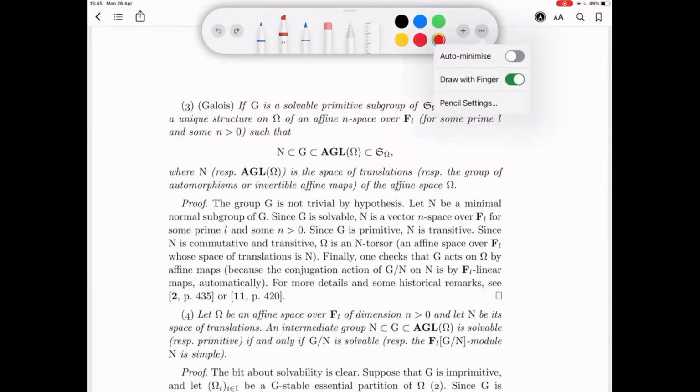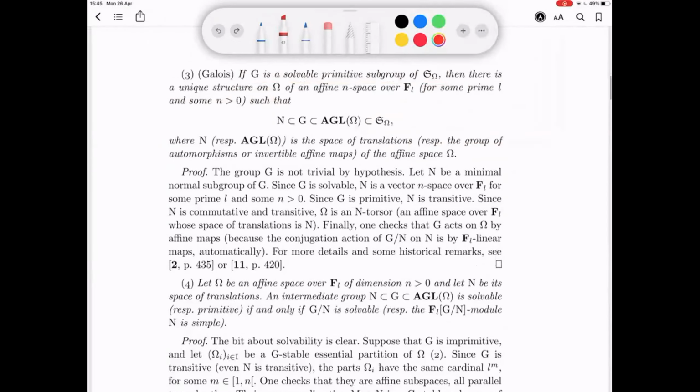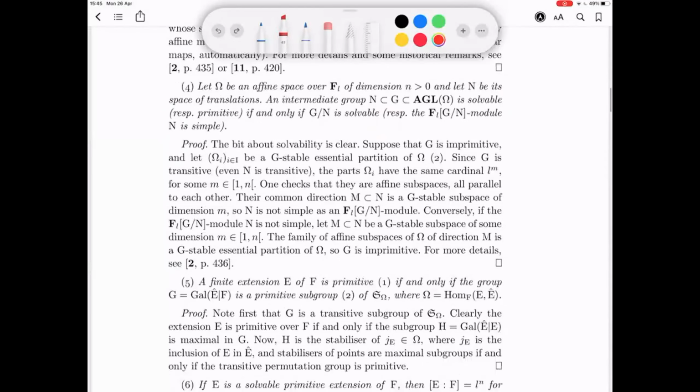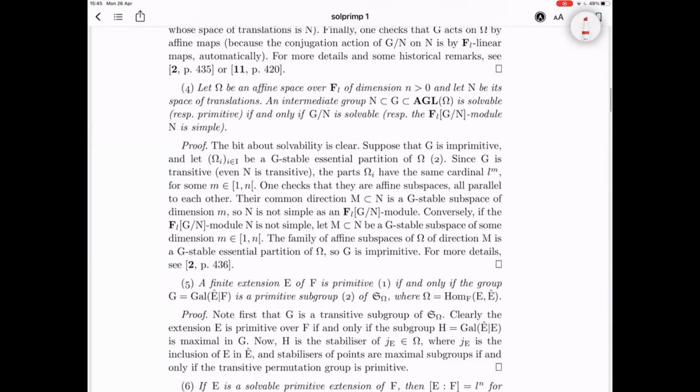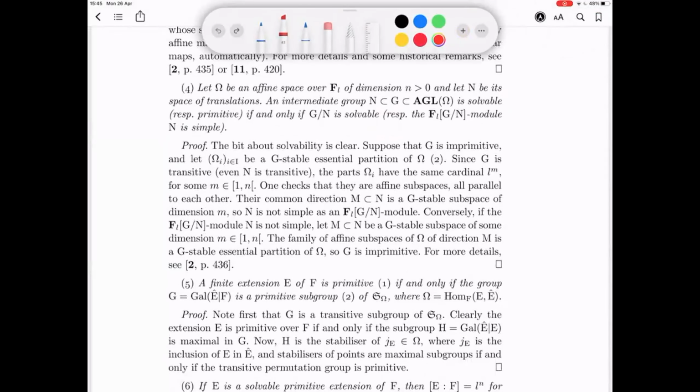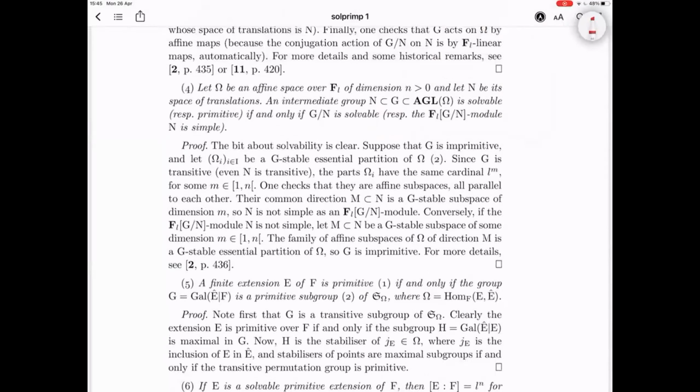So here is something that you might ask, a sort of converse to this. Now you start with an affine space over FL of dimension n, and let n be its space of translations, right?